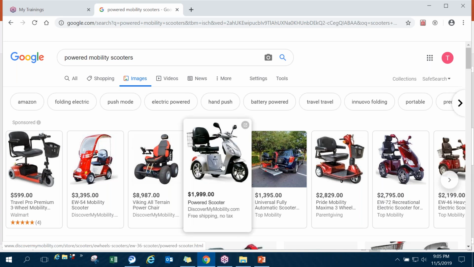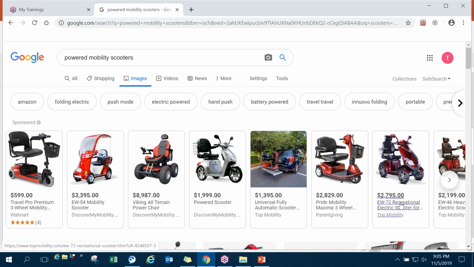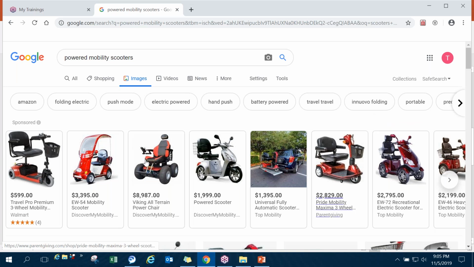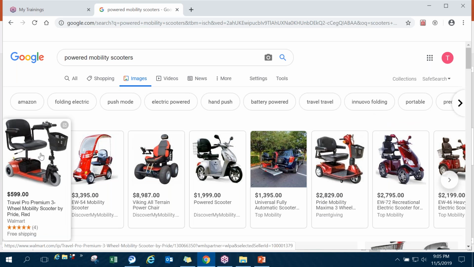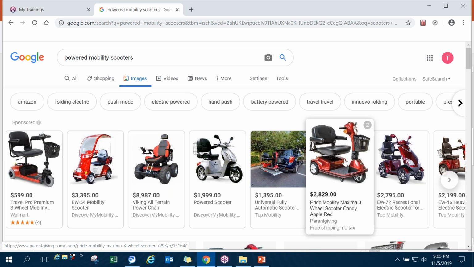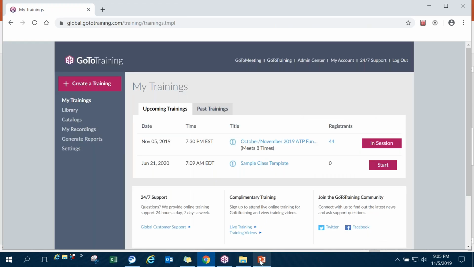So sometimes people come in with an idea in their head of what they want, and we're saying, well, here's what you're eligible for. Sometimes they think maybe this is what they want, but because of their size and weight, we may have to get them into something like this. So those are some tidbits and tricks that I've experienced with scooters.